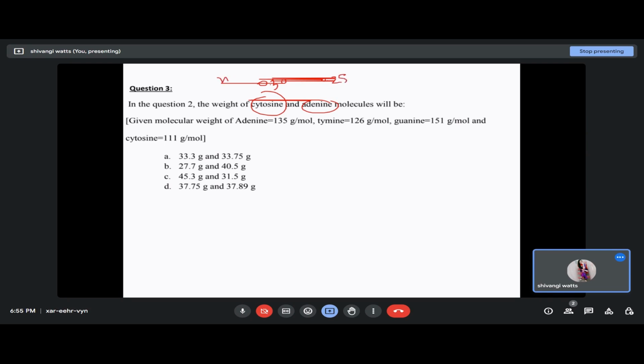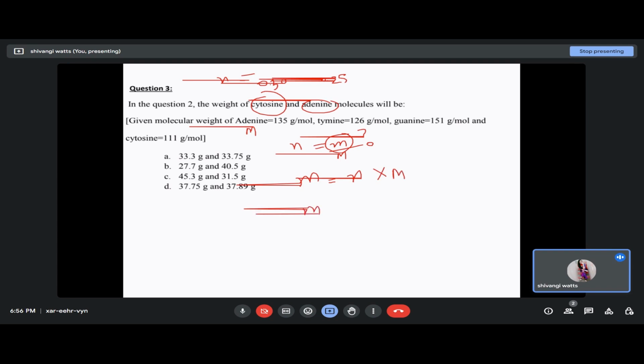That is N. So here they have given molecular weight and we have to tell the weight. So number of moles is equal to given weight upon molecular weight. So you can calculate as number of moles multiplied by molecular weight.